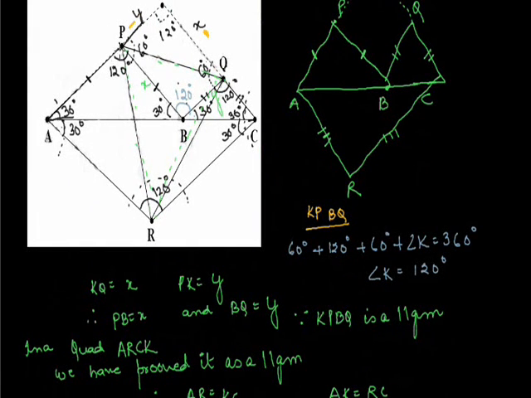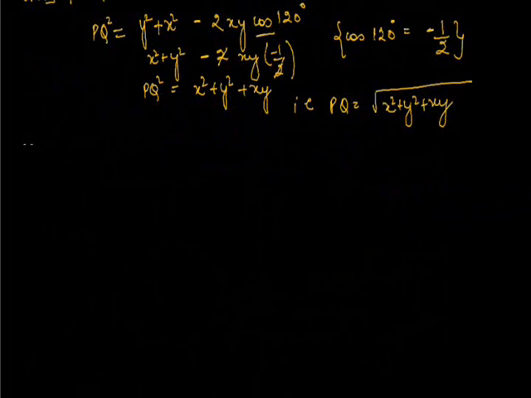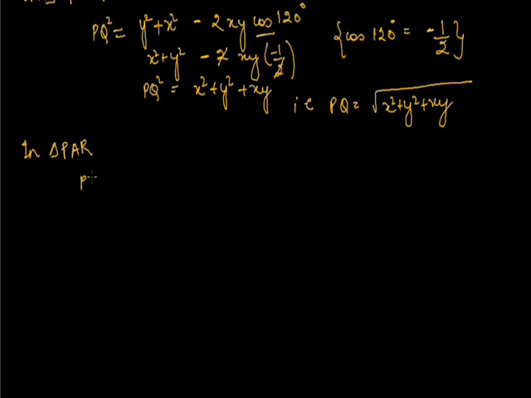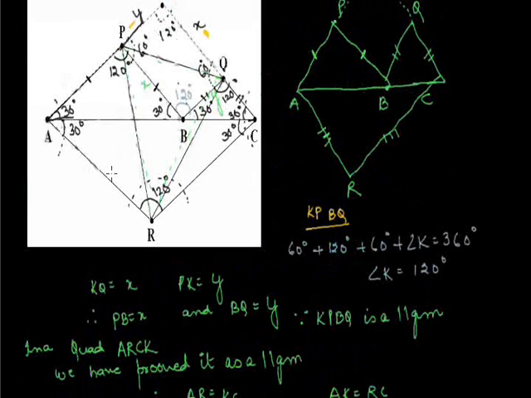Now we'll be doing the same for the side PR. So taking the triangle PAR, in triangle PAR, PR square will be equal to the included sides. I have not marked it, this is x, so this is x, this is y.